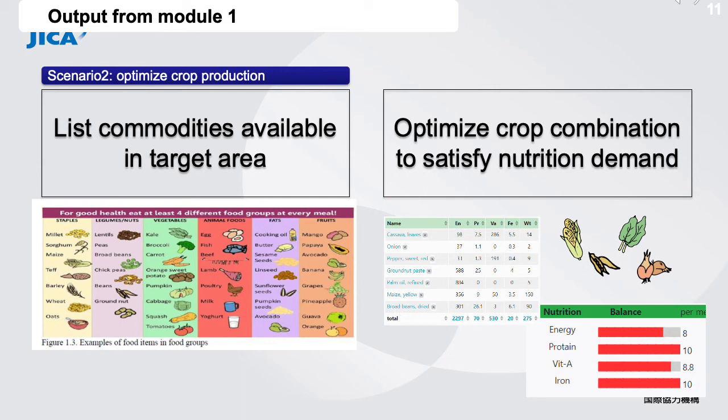So by combining community level target and set of commodities, you can discuss with local experts what combination is the best to satisfy nutrition requirement. And of course, as we understand, we explicitly look at protein, because we work on protein supply to reduce stunting.